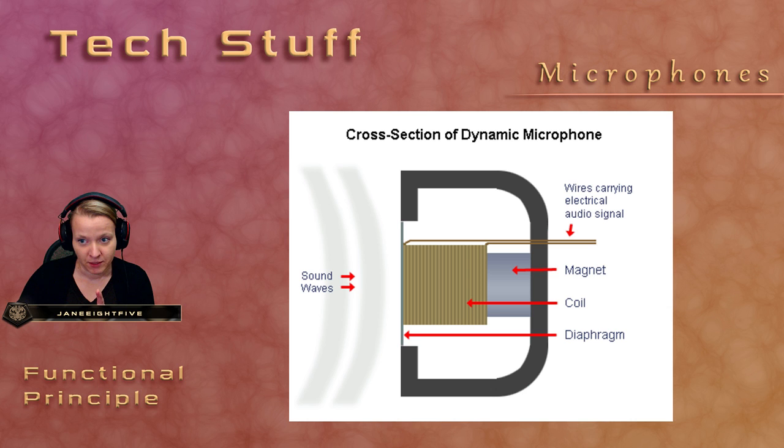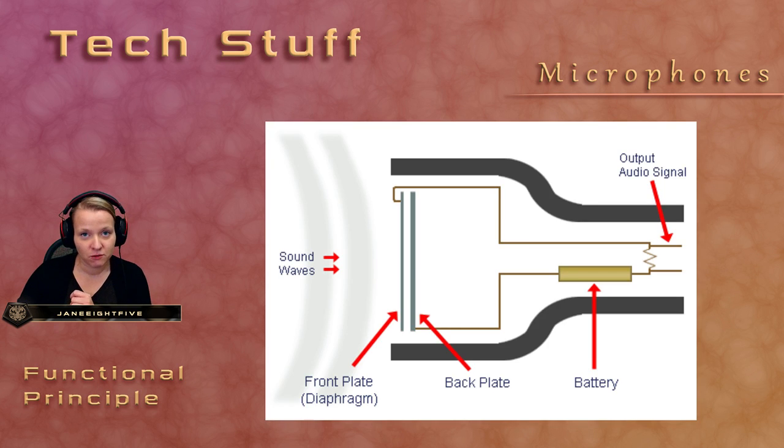So this is the dynamic one, and then we have the condenser mic. It's a bit different. You also have that diaphragm, and behind that diaphragm you have a second plate. So actually the diaphragm and the second plate build a condenser.